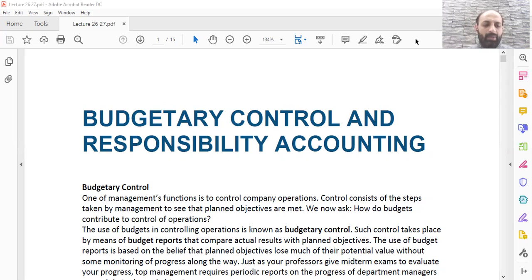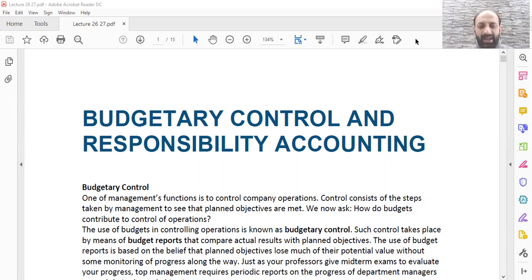उसके लिए, if you remember, when we were starting the subject of cost and management accounting, we did the three functions related to management. One of those functions was control. Now, control consists of steps taken by management to see that planned objectives are met.